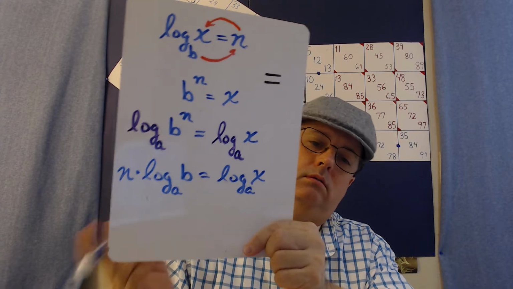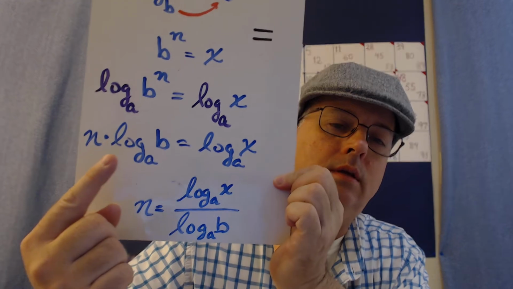So let's put it over on the other side as division. So now we have n equals log base a of x over log base a of b.